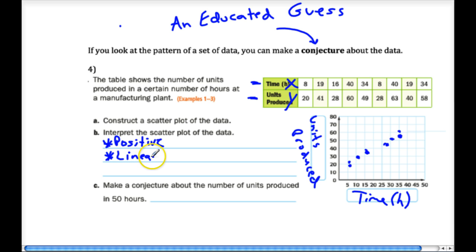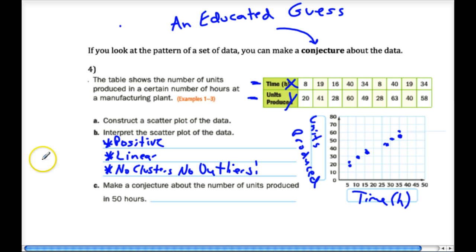Definitely. It basically forms a line. It's not perfect. It's not exact. Are there any outliers or clusters? No. No clusters. No outliers. Okay? So you guys said all the important things you need to say about that data.